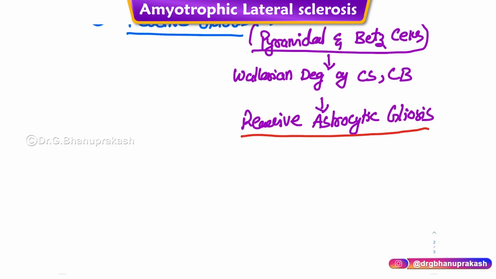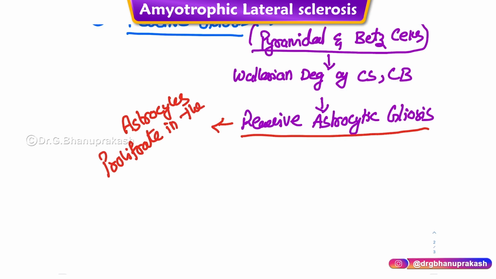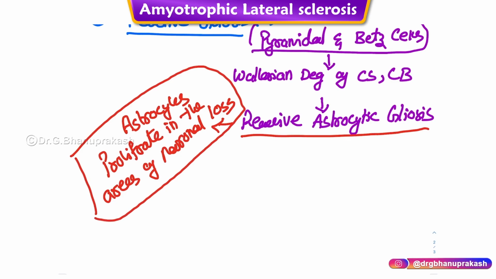So reactive astrocytic gliosis, what does it mean? Astrocytes proliferate in the areas of neuronal loss. Remember, this point is very, very important for you to remember.